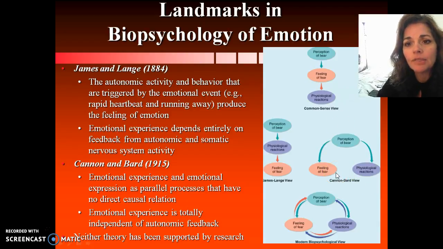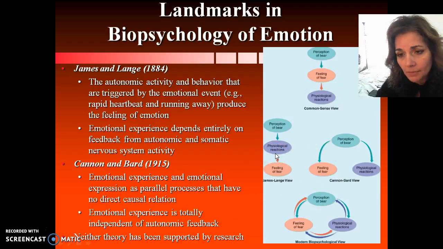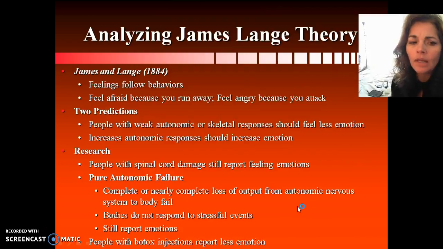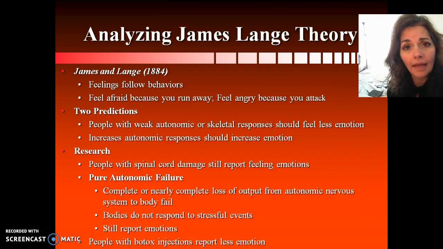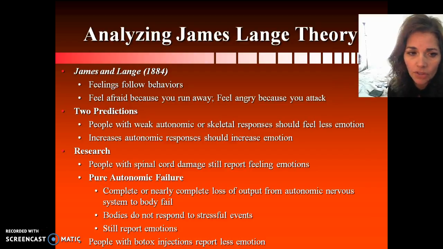In modern views of emotion, although we'll go in and analyze James-Lange further from your textbook standpoint, it looks at these as cyclical and how they all feed one another, because we're including a cognitive element, an emotion or feeling, as well as that physical response or behavior.